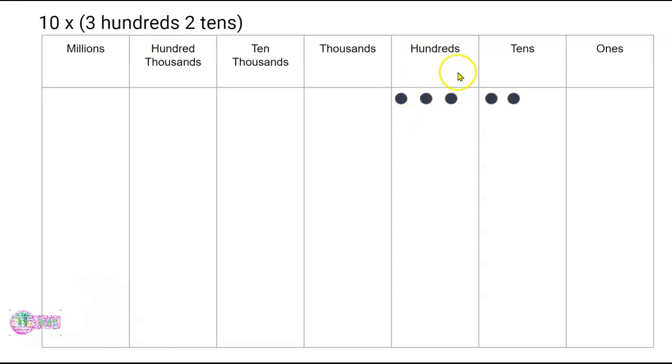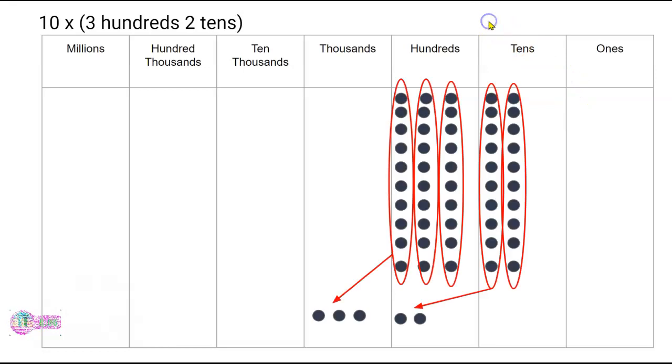So I have my 3 hundreds, 2 tens on my place value chart. So now we're going to go ahead and multiply it by 10. So we had to take that group and multiply each of those hundreds by 10 and each of those tens by 10. Okay, now I can take my 10 groups of 100 and move them over.